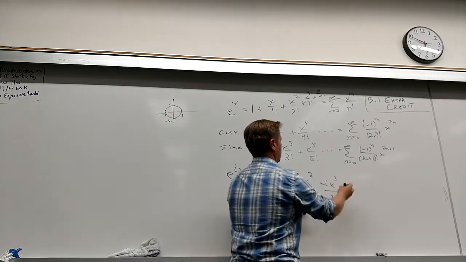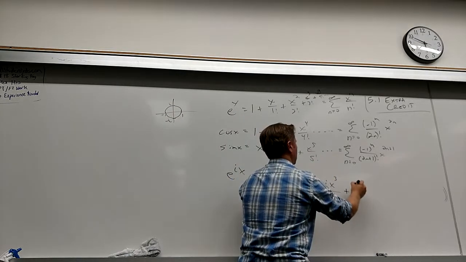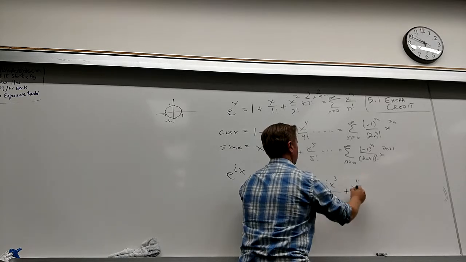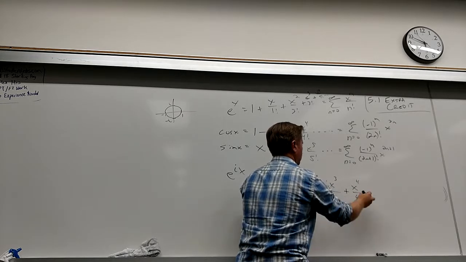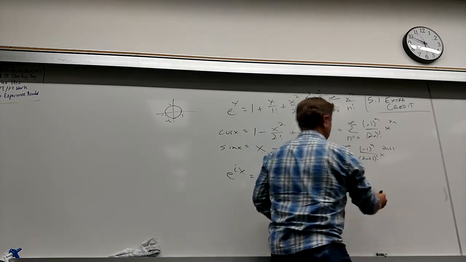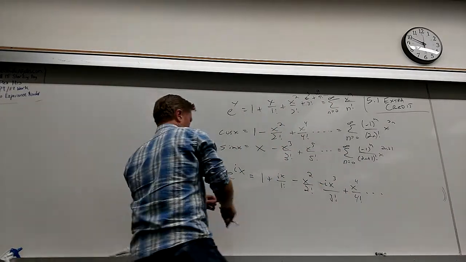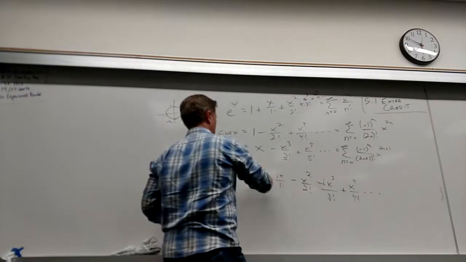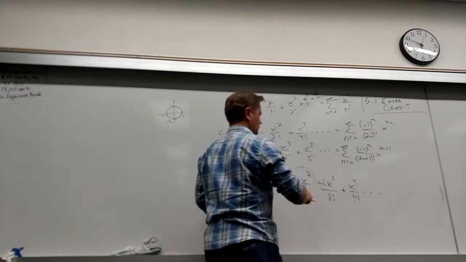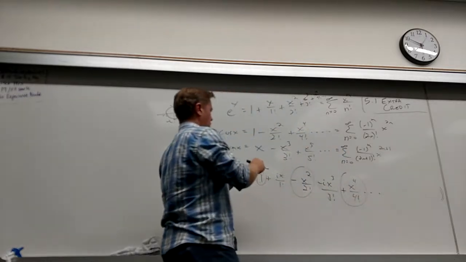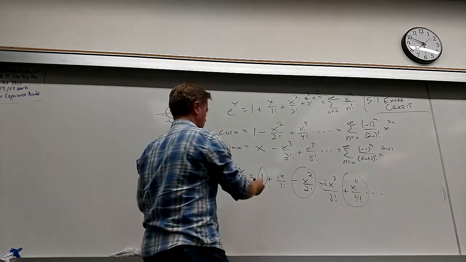So where am I? So this would be plus x to the fourth over 4 factorial, because i to the fourth is 1. Dot, dot, dot. Now watch. What's that?